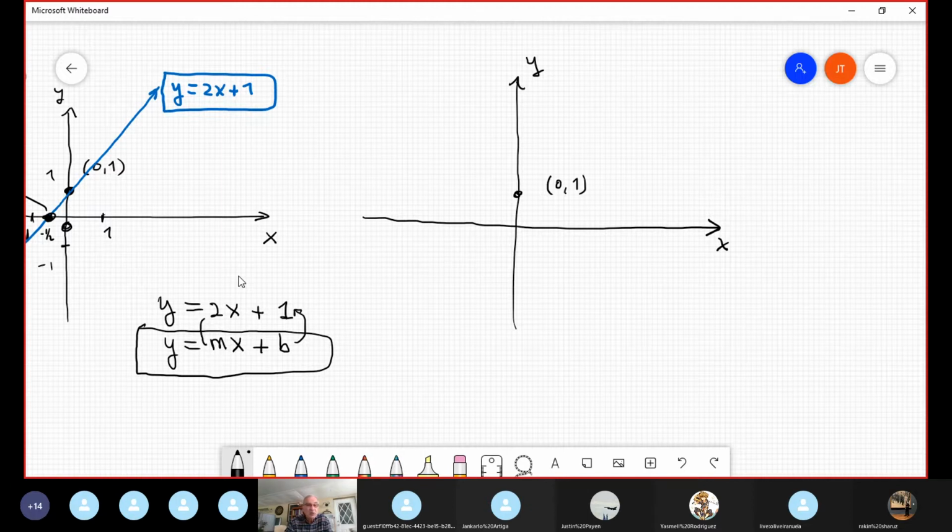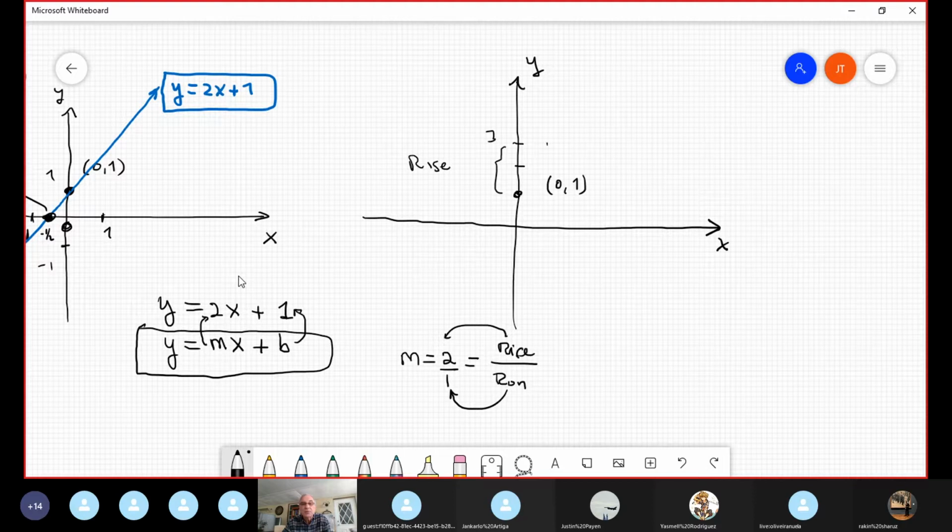But in this case, slope is 2. In our specific example, I know by definition that slope is rise over run. Run, in this case, is 1, and rise is 2. So I move up 2 units, 1, 2. This is rise. So this is 1, 2, 3. I move to the right 1 unit.